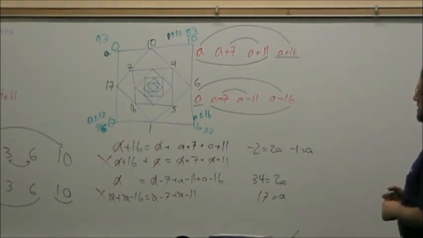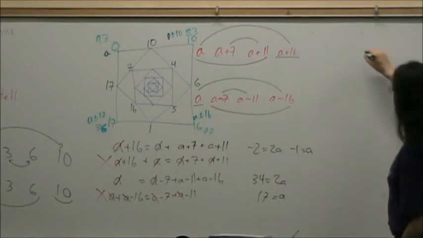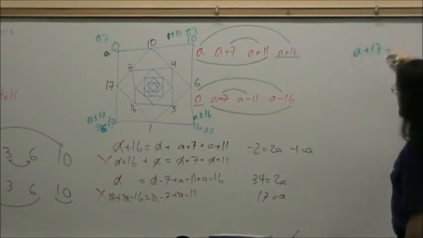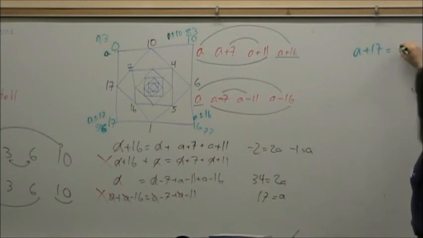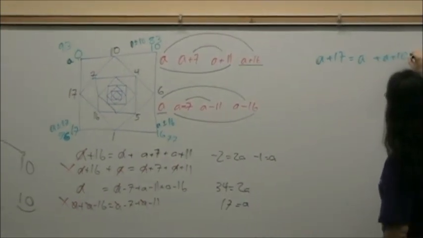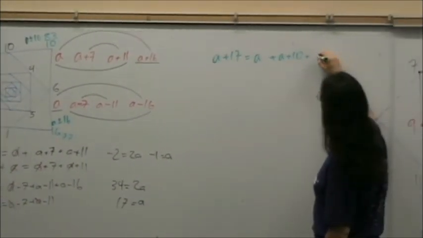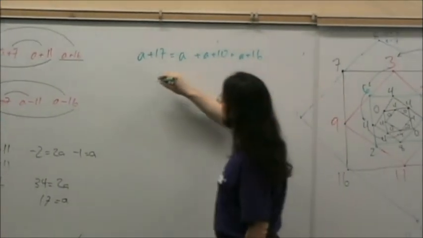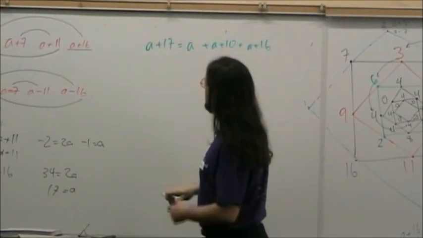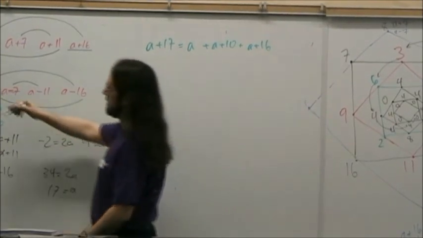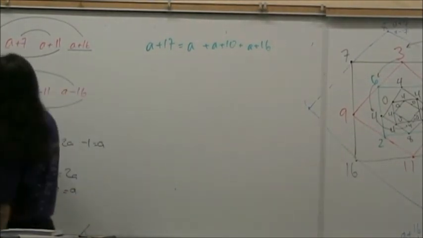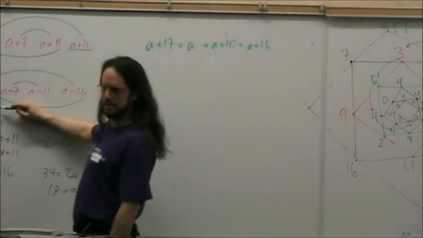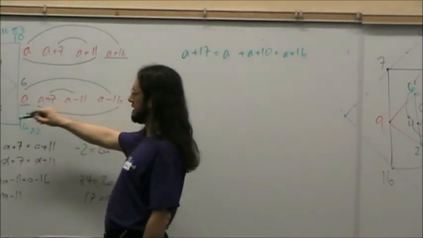So there are two solutions. Just like last time. So we could have the biggest one, which is A plus 17, equals all the smaller ones added up, A plus 10 plus A plus 16. Or we could have the biggest and the smallest. But the biggest and the smallest is never going to work here because the biggest and the smallest will have a 17, whereas the two middle ones will have a 10 and a 16. And there's no way to combine the 10 and the 16 to make the 17.